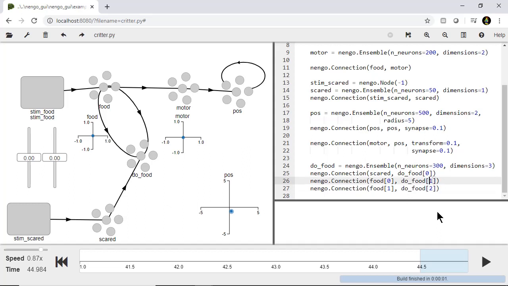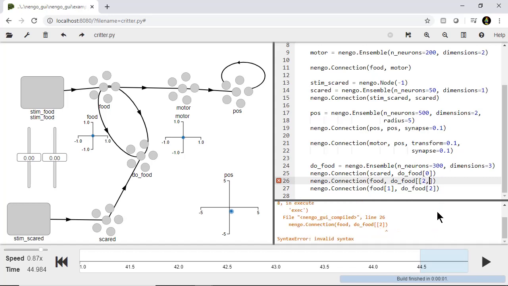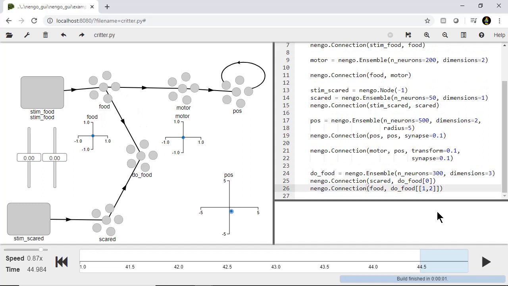You can also write that as, well, okay, that's both dimensions from food, and I want that to go into dimensions 1 and 2 in do food. Okay, that's one way to write it if you're used to the standard square bracket syntax for NumPy in Python.